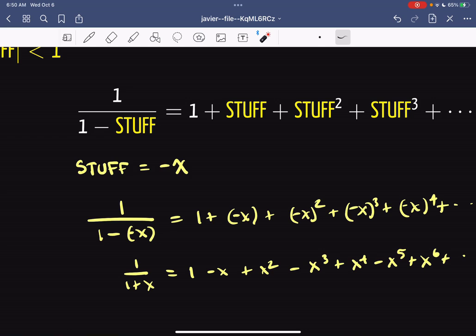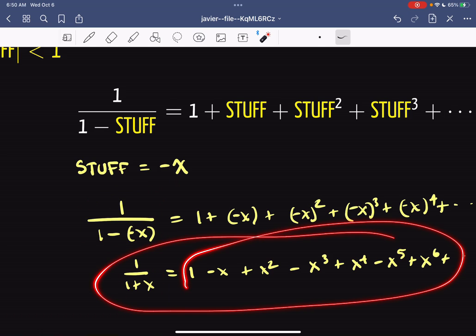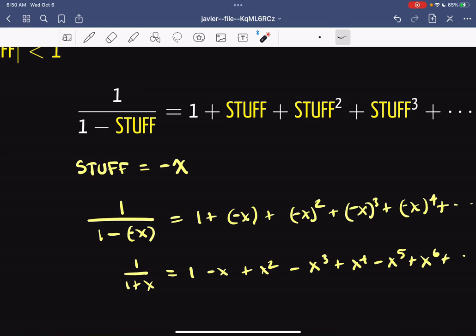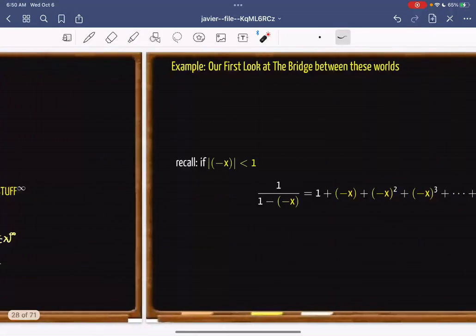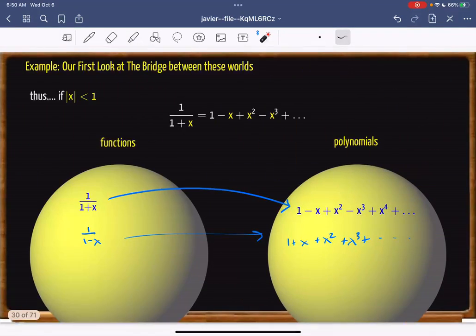You can get all sorts of crazy ideas here. You could generate a whole big family of connections between functions and polynomials simply by substituting some other stuff here. All right, let's do maybe a couple more of those, and then we'll see.